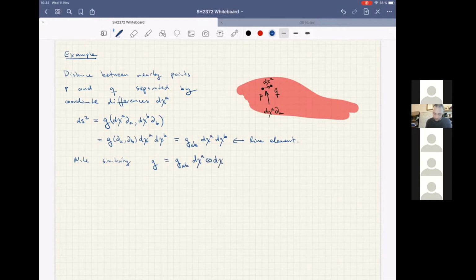So in this expression, of course, these two objects are the coordinate basis for dual vectors, whereas in this it's just the coordinate differences, but it's just to see the similarity here. So the point now is that if I know how ds is expressed in terms of the coordinate differences, I'm going to be able to extract the components of the metric tensor. We're going to use that later. Any questions?